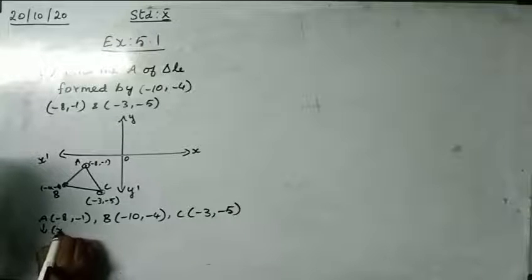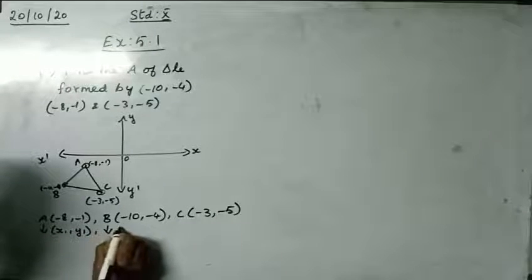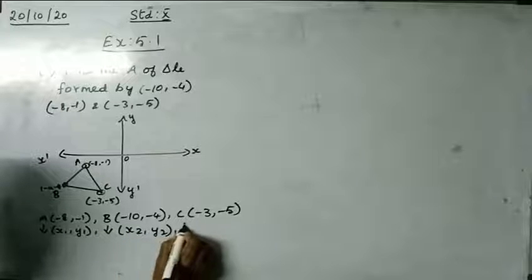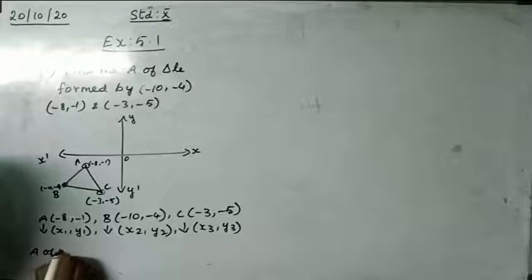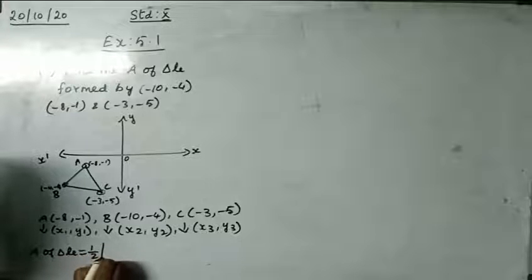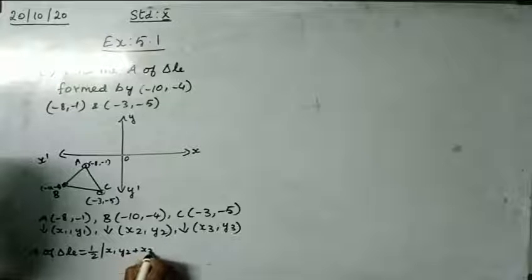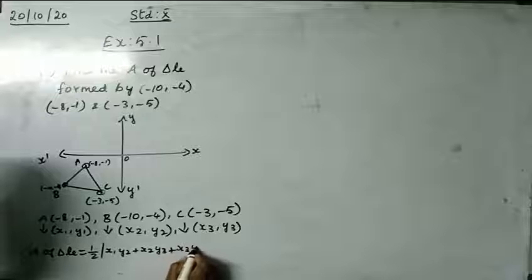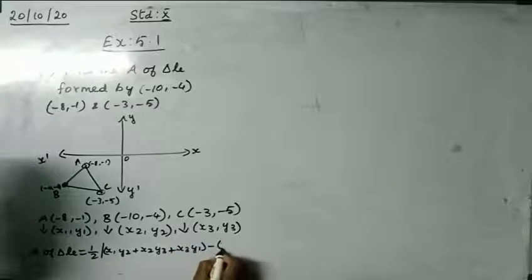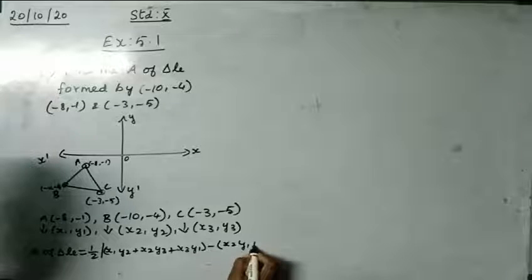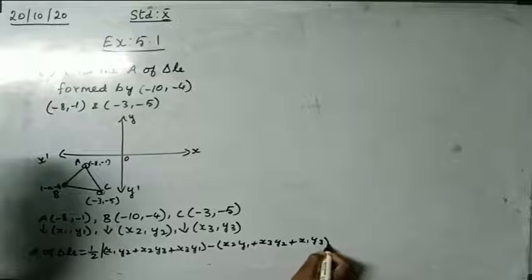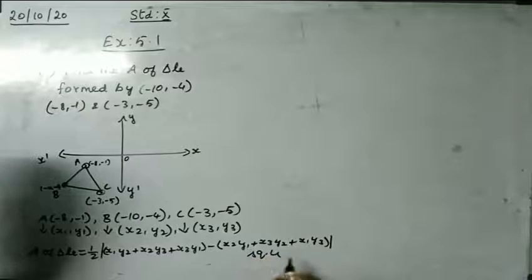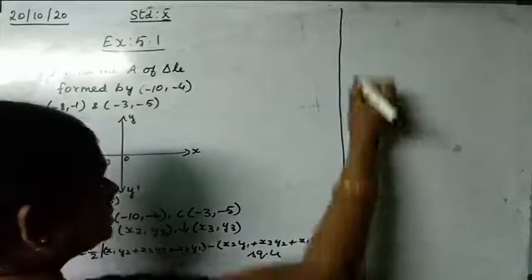Now take these as (x1, y1), (x2, y2) and (x3, y3). The area of the triangle formula is 1 by 2 into modulus of x1y2 + x2y3 + x3y1 minus (x2y1 + x3y2 + x1y3) square units.